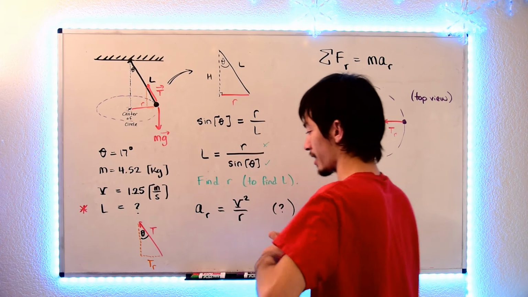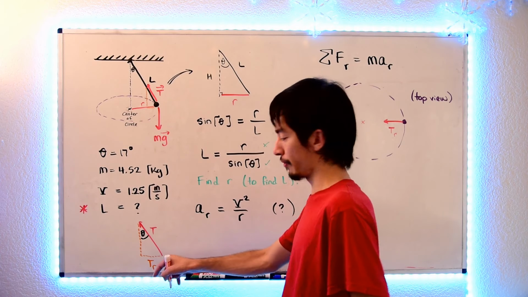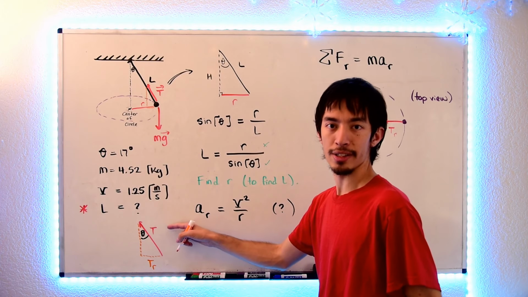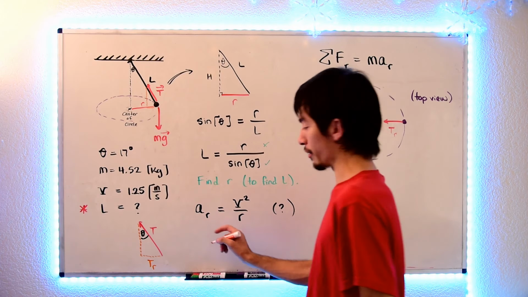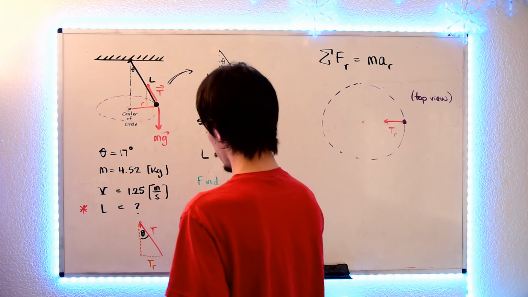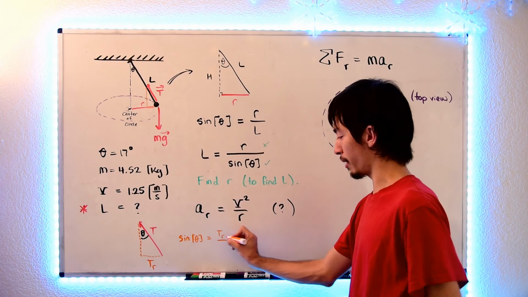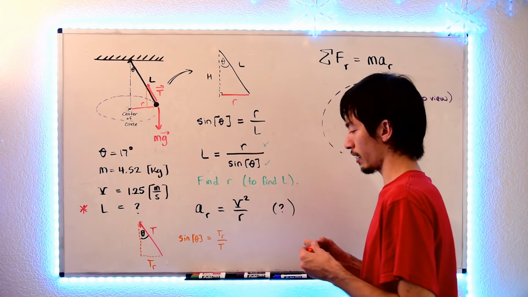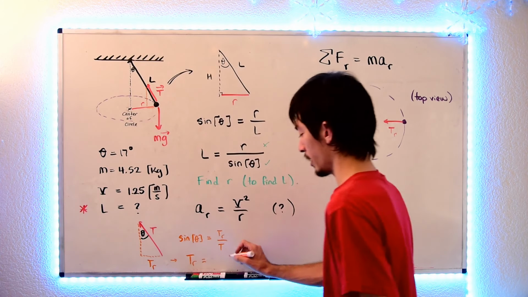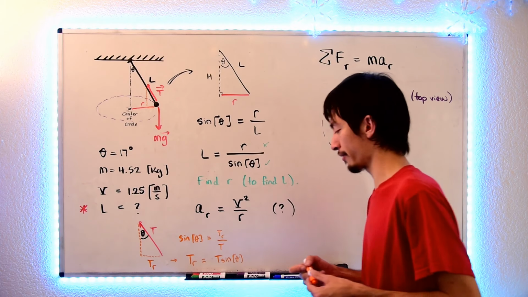I'm going to say that the radial component is the opposite side of that angle. T is the hypotenuse. So opposite and hypotenuse is going to be the sine function. So sine of theta equals opposite, which is the radial component, divided by the hypotenuse, which is the whole tension T. So this means that the radial component of the tension equals T sine theta.